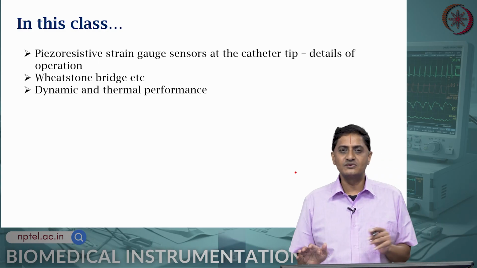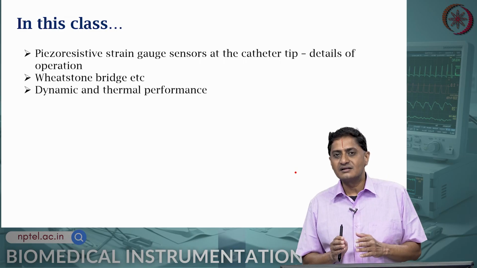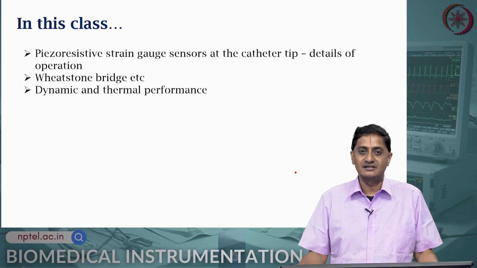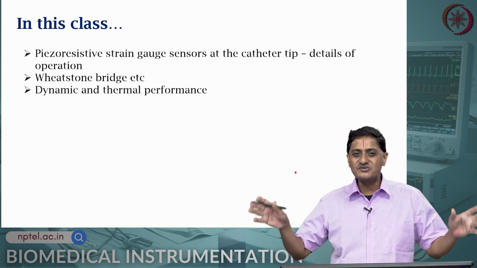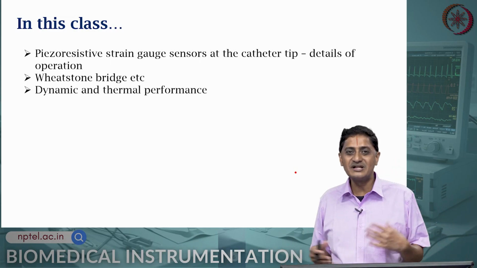Fundamentally, this video represents a sudden detour or a detail when compared with the previous set of videos. In the previous set of videos, we were looking at the types of sensors, the classification, and the principles of this.